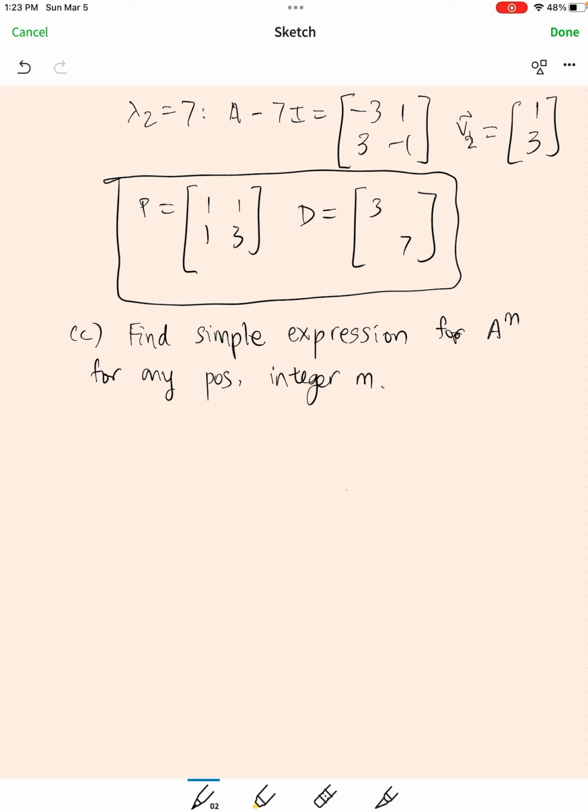Well, okay, so this is leading up to this one application of diagonalizing matrices. So the point is that if you can write A as P times D times P inverse, let's think about what A squared would be.